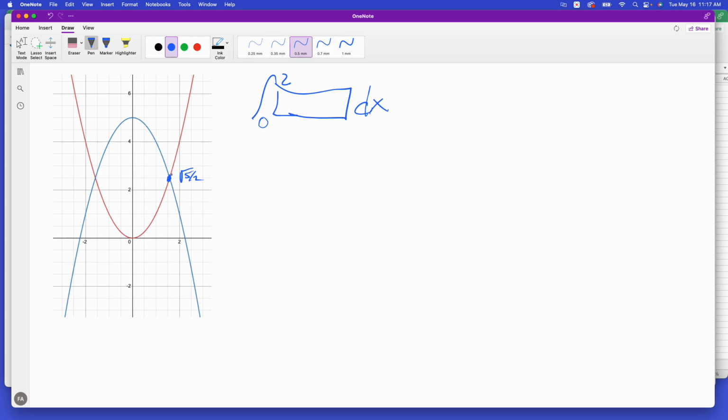It has the larger y values. At that spot right there, the red one turns into the one having the larger values. So we'd have to split this integration up from 0 to the root of 5 over 2, and we would do negative x squared plus 5 minus x squared dx, and that'd be the entire first part.